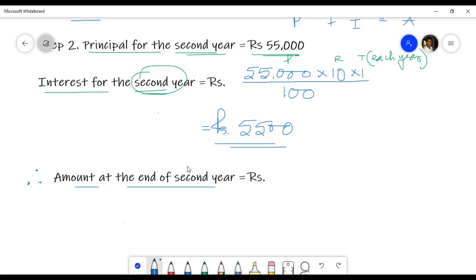Therefore the amount at the second year will be principal plus interest. So principal for the second year is 55,000 plus the interest, that is 5,500.